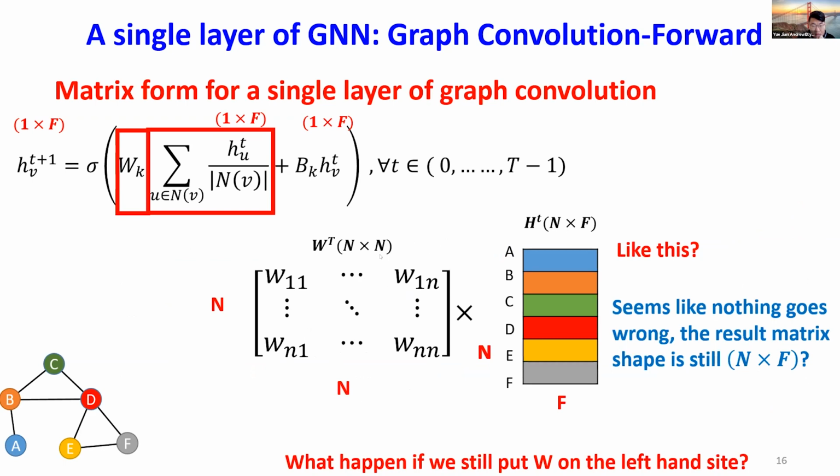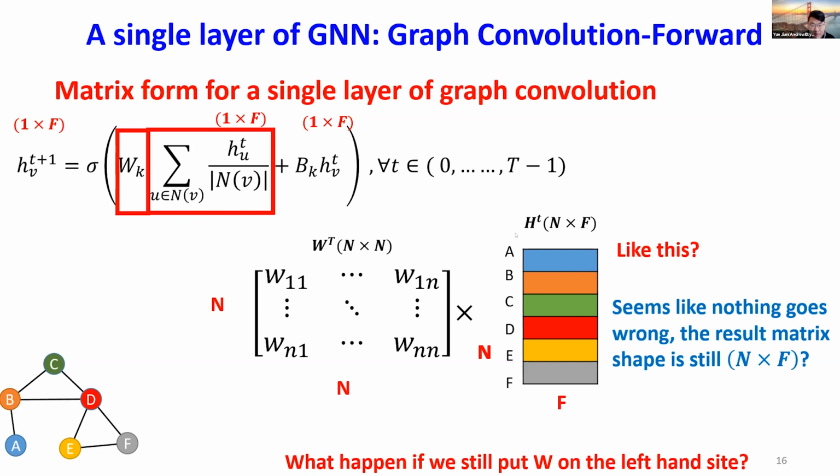But if we multiply the weight terms on the left-hand side, and assume that we assign the shape of the weight matrix as n by n, it can still produce the node feature matrix with the right shape.